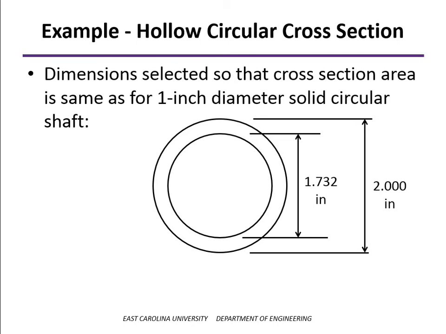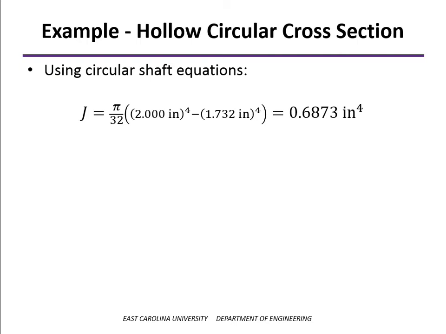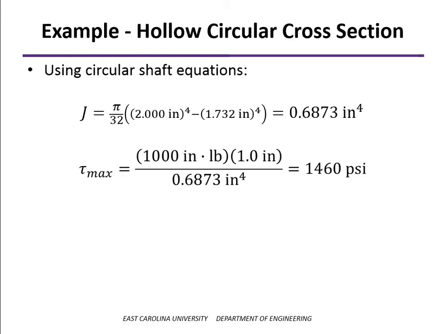This has an arbitrarily selected 2-inch outer diameter, and we pick the inner diameter such that the cross-section area is the same as it was for that 1-inch diameter solid shaft we looked at as a baseline. Because it's circular, we can use the same circular shaft equations, just our value of J has to include both the outer diameter and the inner diameter.